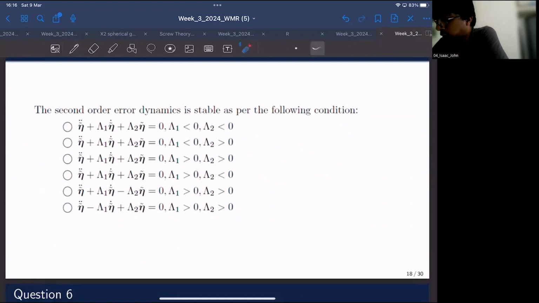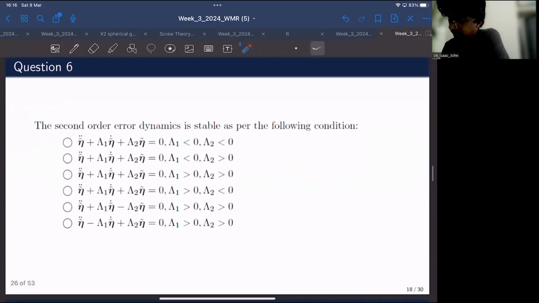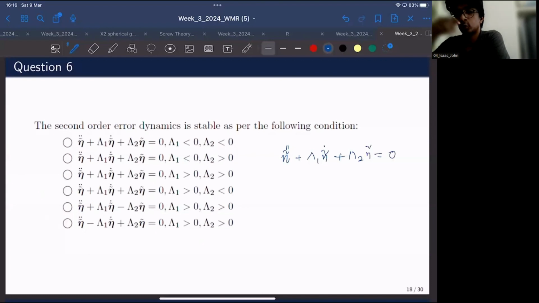Okay, so moving on to question 6. The second order dynamics is stable as per the following condition. Which of these conditions is actually correct? If you can recall, I'll write the second order dynamics equation: eta tilde double dot plus lambda 1 eta tilde dot plus lambda 2 eta tilde equals 0, right?